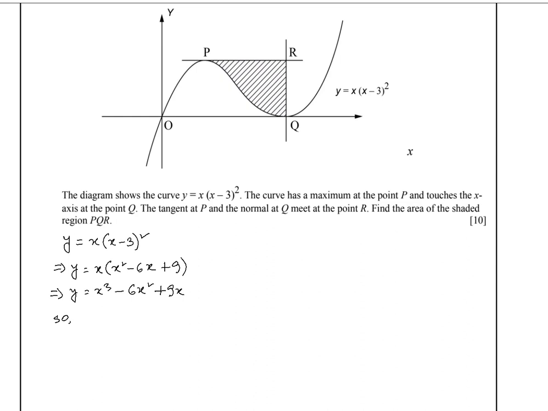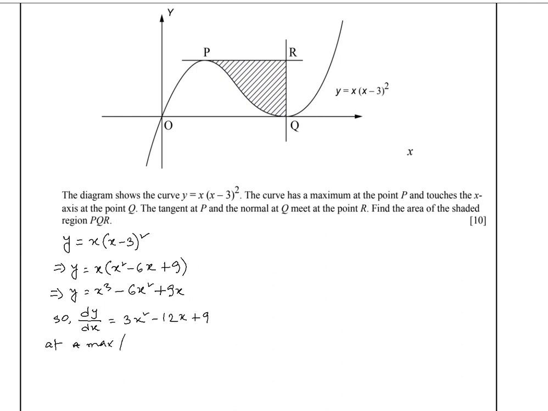Now we need to differentiate y with respect to x, so we can write dy over dx equals 3x squared minus 12x plus 9. This is the equation to find the gradient at any point of the curve.